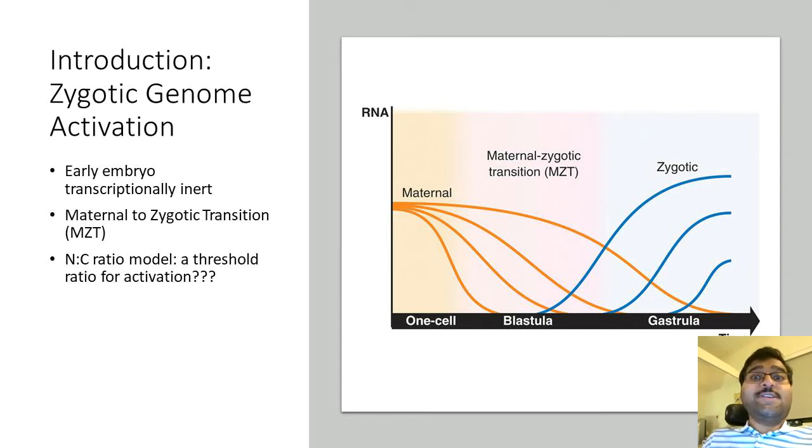And this increasing DNA content is thought to titrate out an inhibitor of transcription, thus allowing for the initiation of zygotic gene transcription. However, in recent years, a variety of competing models have emerged which posit that the MZT is in fact independent of the nuclear to cytoplasmic ratio.